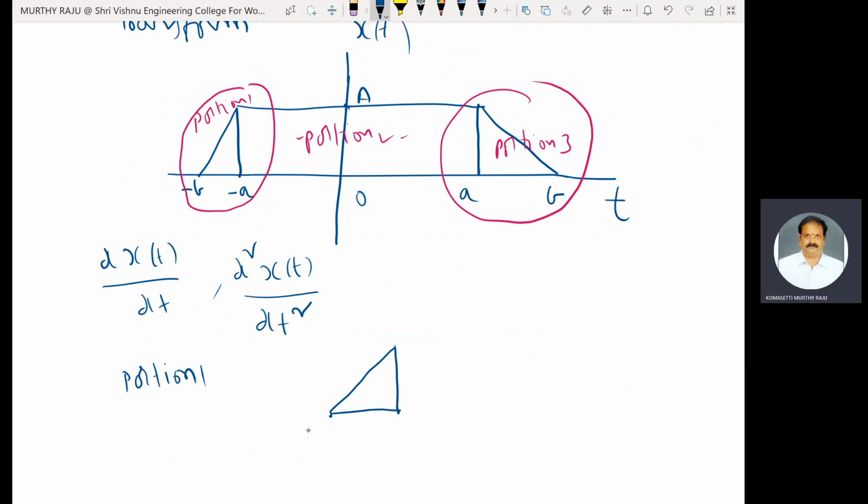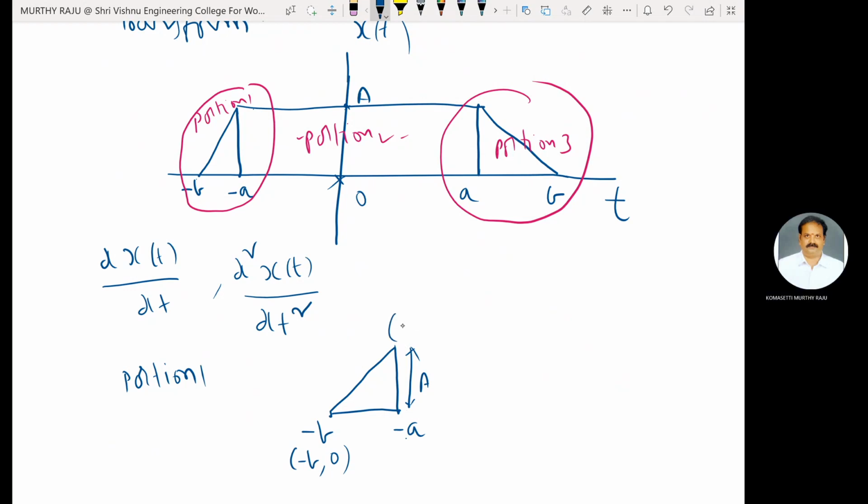This point is minus b, and the coordinates are minus b comma 0, because there is no y coordinate here. This other point is minus a, and the y-axis coordinate is A, so the coordinates are minus a comma A.